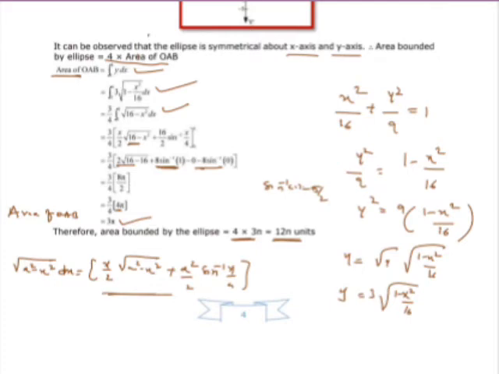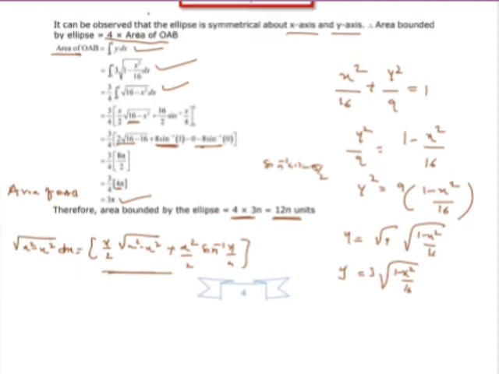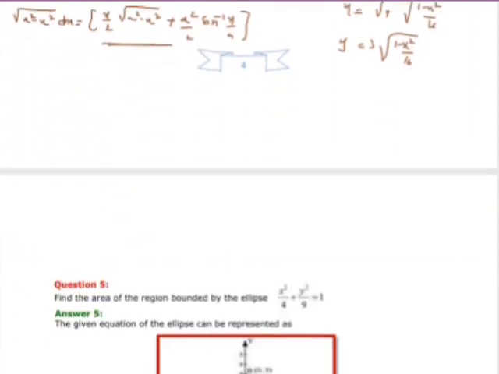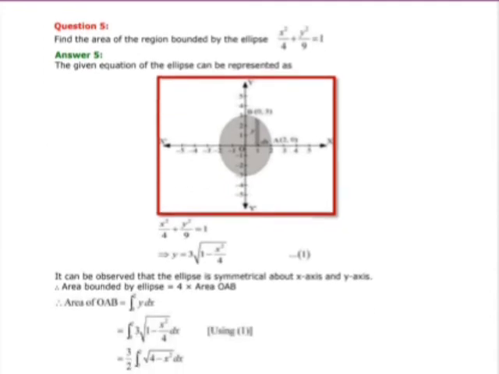So next, example number 5. Let's see. Find the area of the region bounded by the ellipse. Again, a similar problem. x square by 4, y square by 9.